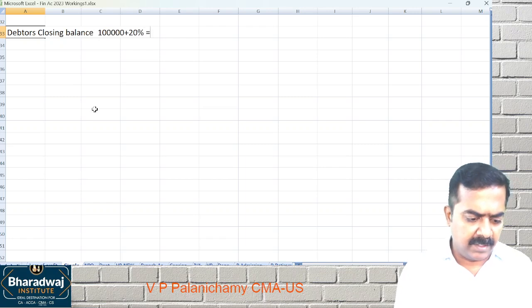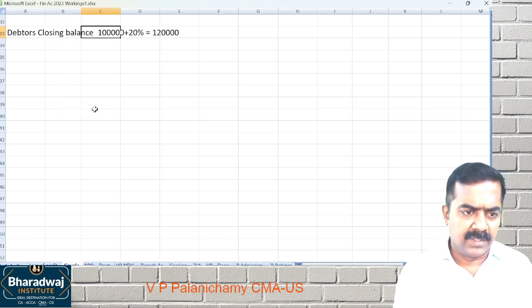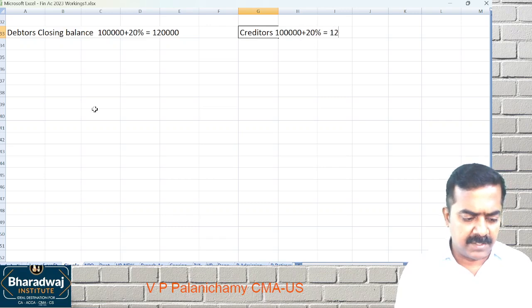Please do it along with me. It will be 1,20,000. Creditors also have an opening balance of 1 lakh, plus a 20% increase. So the closing balance is how much? This is the closing balance.